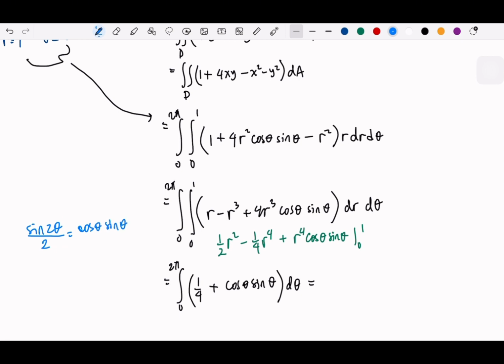And then if we integrate sine, we will get negative cosine. But because we have 0 to 2 pi, this will result in 0, okay? So we have only 1 over 4, which we can multiply with 2 pi, becomes pi over 2.